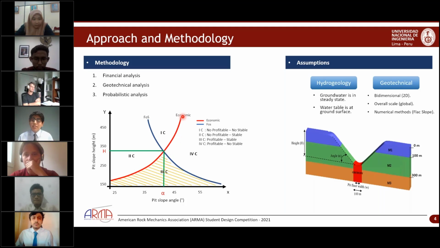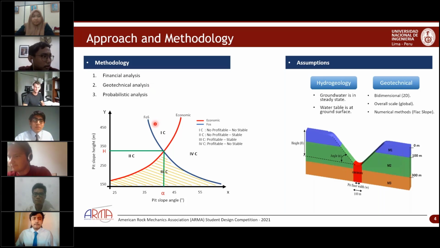This curve represents a function of all the break-even points for a set of slope height and slope angle values. Second, a function that represents a constant factor of safety of 1.3 with various combinations of slope height and slope angle was obtained. And this is shown as a blue curve in this figure.